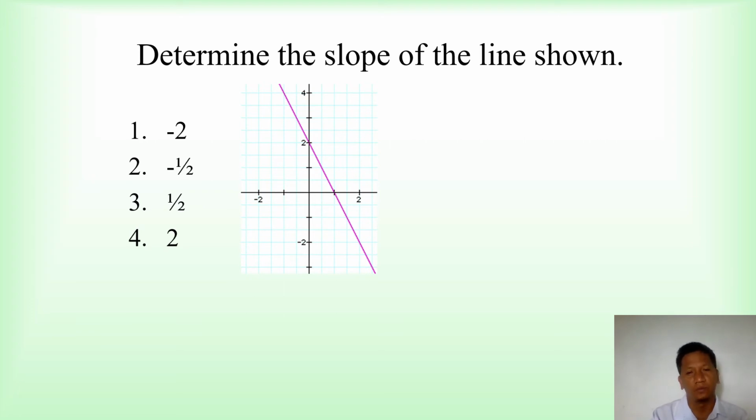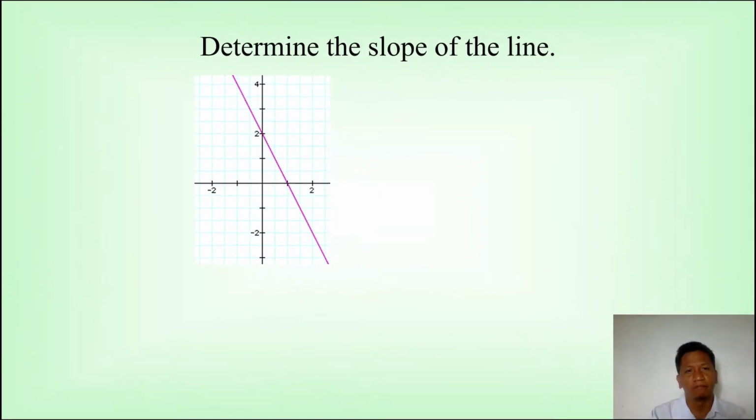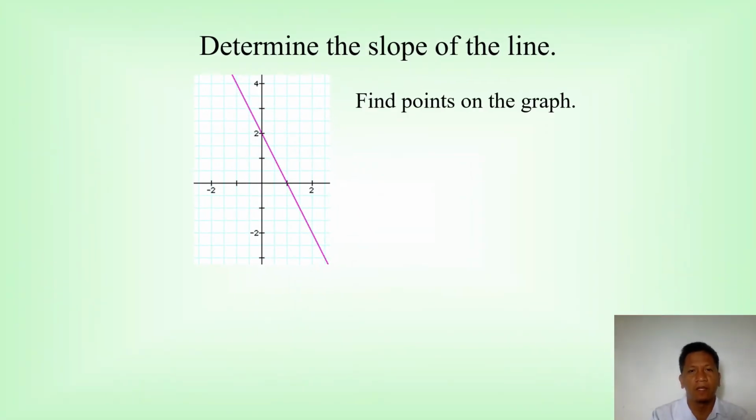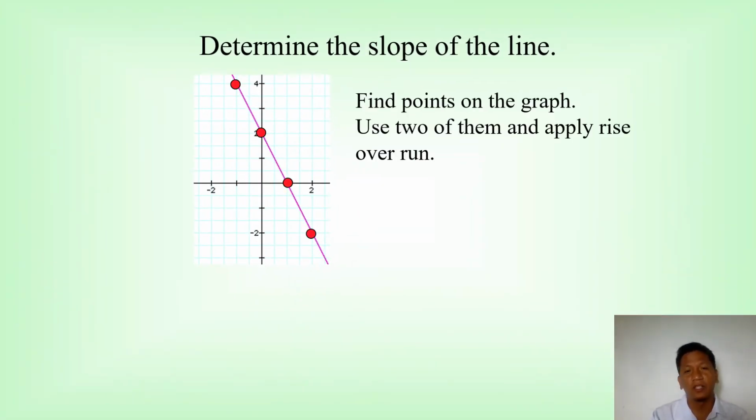Go! Okay, time's up. The correct answer is negative 2. Sir, why negative 2? Let's check why it is negative 2. Find points of the graph. So, those are the points.